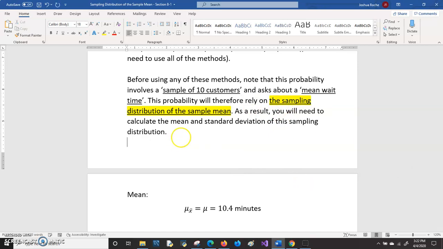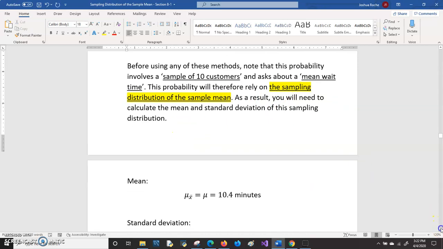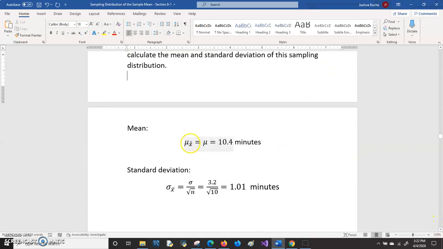To start, we'll need to find the mean of that sampling distribution. The mean of the sampling distribution is just the population mean, so 10.4. The standard deviation of the sampling distribution is the population standard deviation divided by the square root of the sample size.